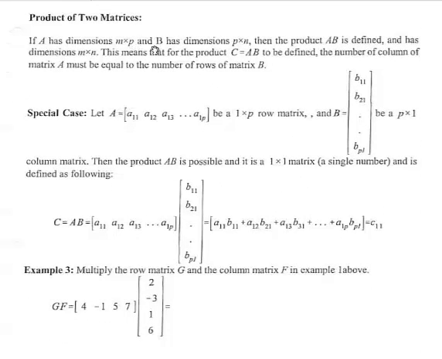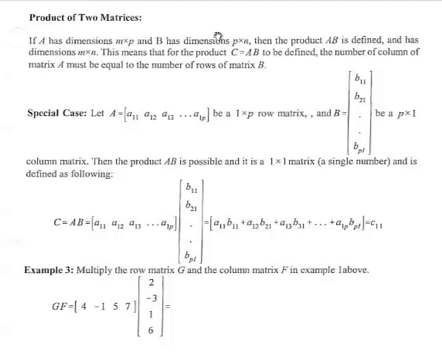Alright, the product of two matrices. With the order of the matrices in the product, we have to have the columns of the first matrix match the rows of the second matrix.